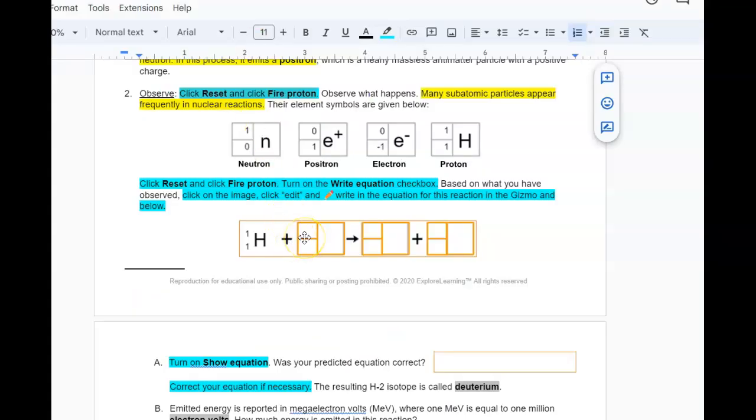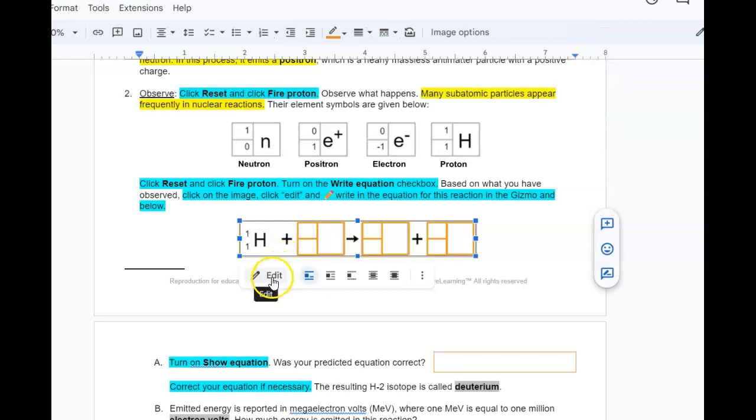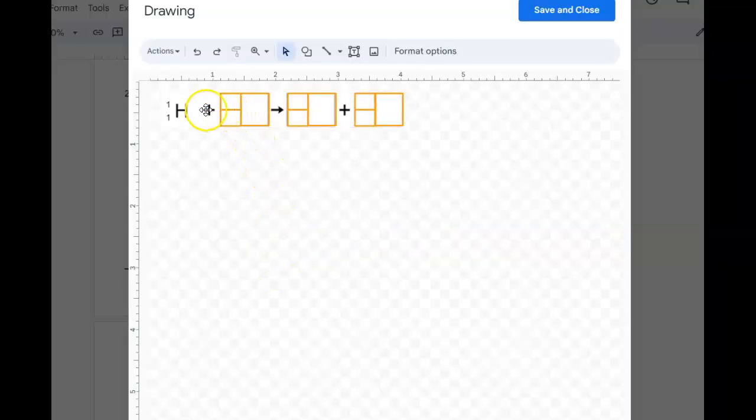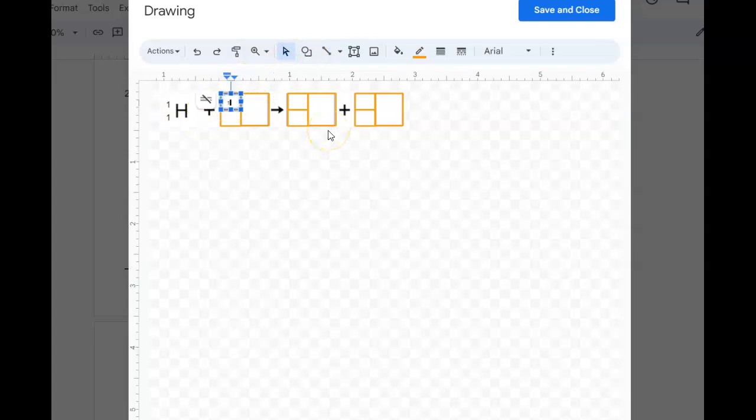To do that, we click on the image, we click edit, and then we know we had a 1/1 over 1H, and that equaled a 2 over 1H, capital H, and a positron E plus.